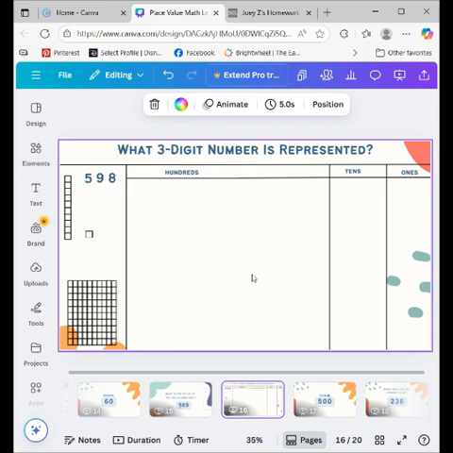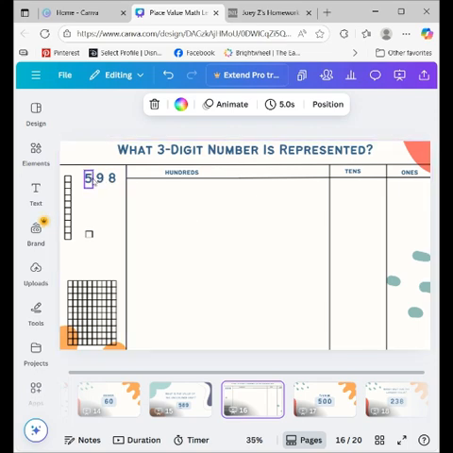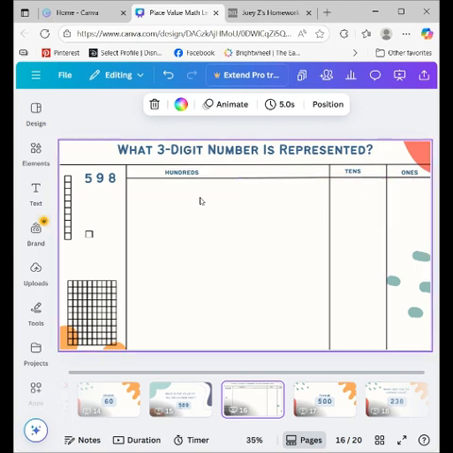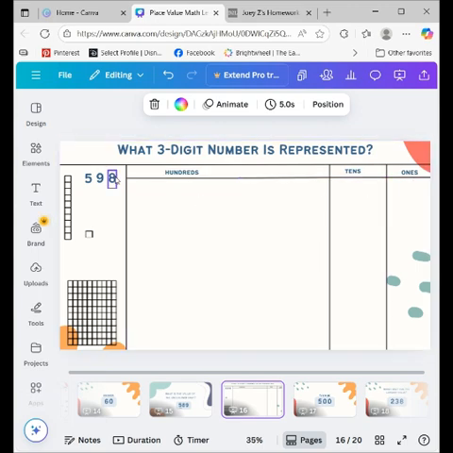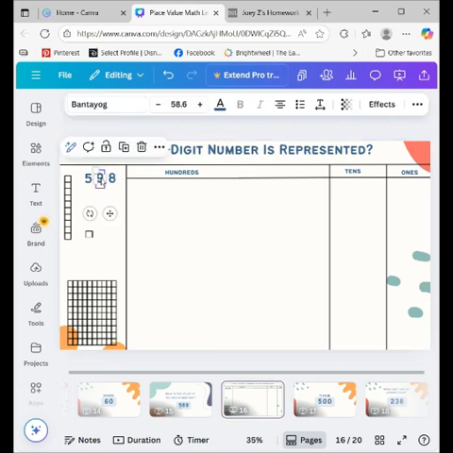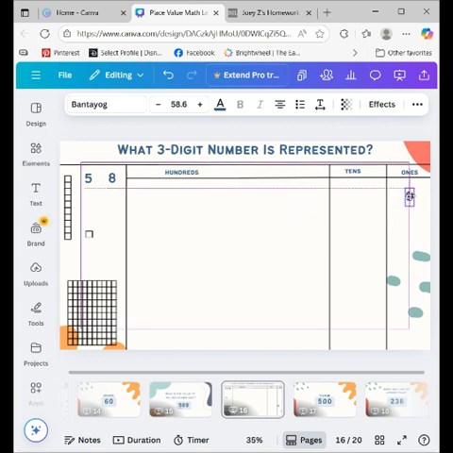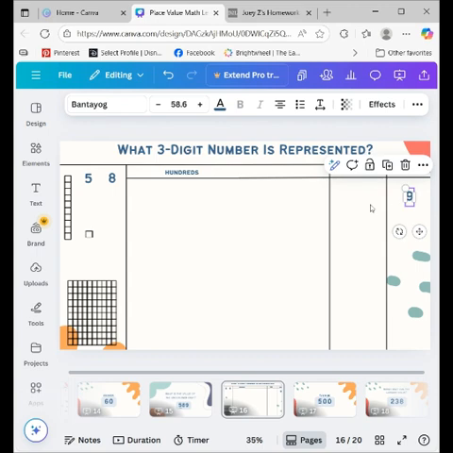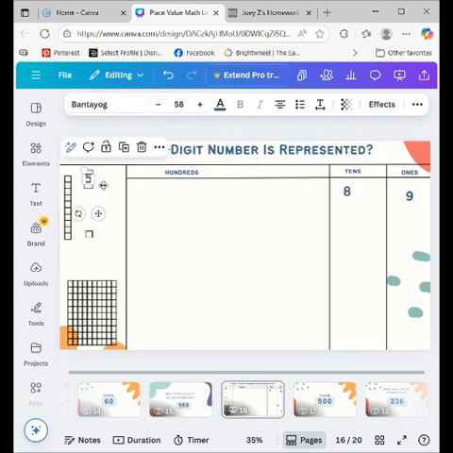So we're always going to start in the ones place, and it is number 9, 8, 5.